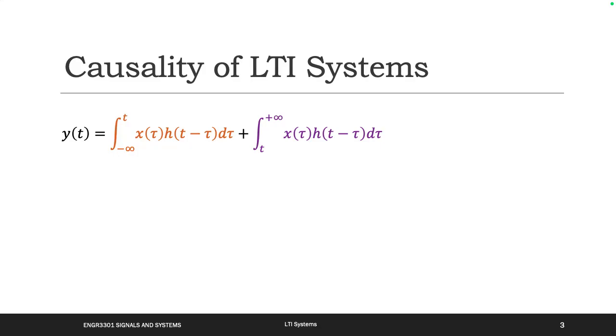But if we talk about y(t) equals x(t) convolved with h(t), y[n] equals x[n] convolved with h[n], what's this? Yeah, this is the input, this is the output, am I right?